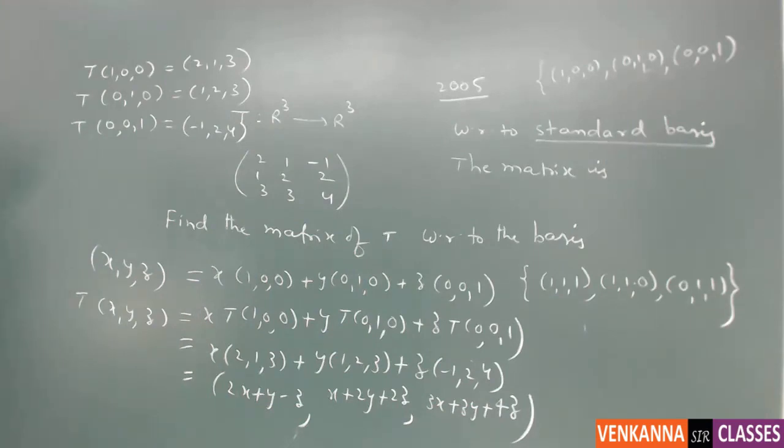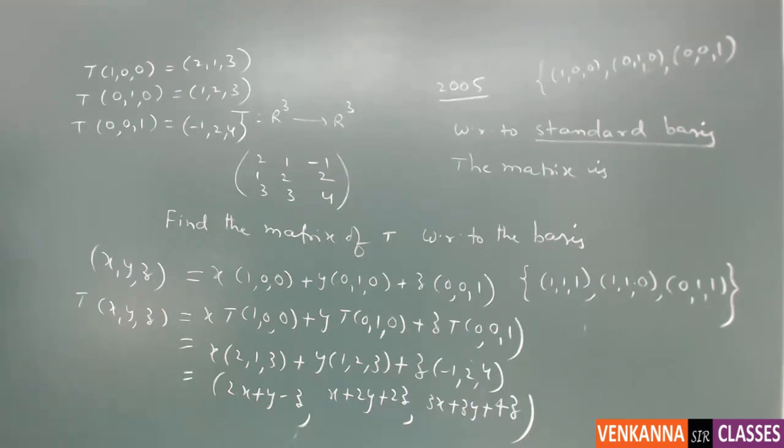Now you can compare the previous problem and the current problem. The difference between obtaining the transformation from a standard basis and obtaining the transformation from different bases. Please check the procedure of the previous problem and this problem.